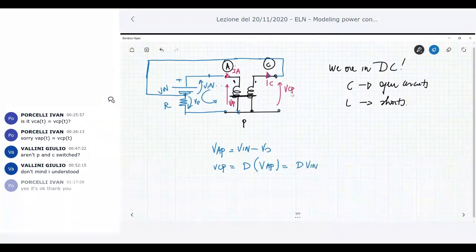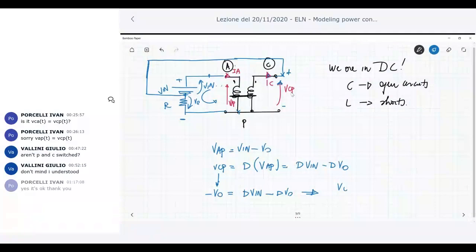So it is D Vin minus D V naught. And VCP is the voltage across this node, positive, to this one, so VCP is exactly minus V naught. So negative V naught is D Vin minus D V naught.